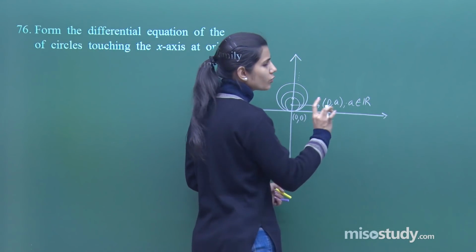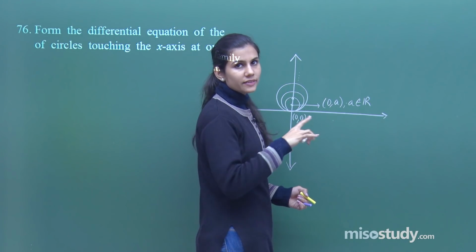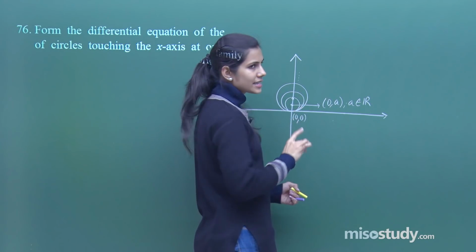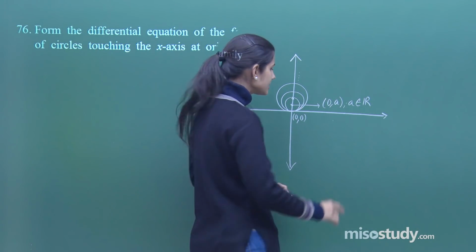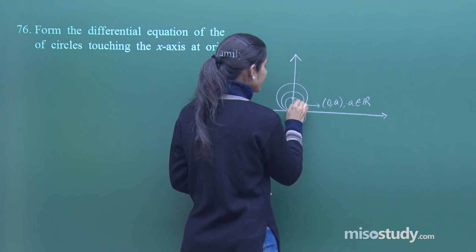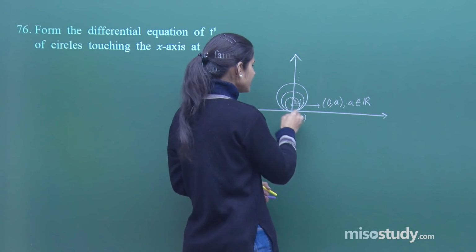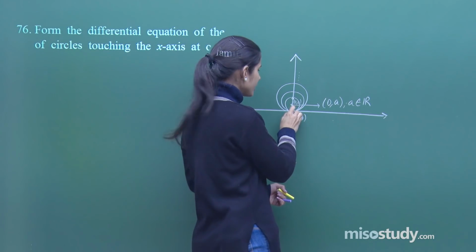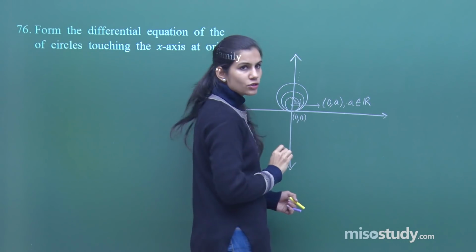All the circles in the family of circles touching the x-axis at origin are going to have their centers like this, and if the center is (0, a), then the radius also is a only, because they are touching the x-axis at origin. So whatever is the radius, that itself is your small a.